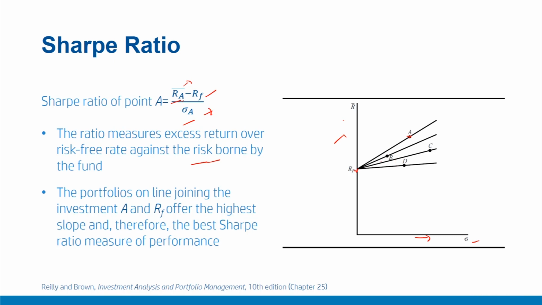For any asset, this Sharpe ratio would represent the slope of this line, the line that is joining R_F and the asset on expected return and sigma space. As we can see here, for security A, this slope is highest as compared to other securities like C, B, D, and therefore this security A here offers the highest Sharpe ratio or the highest performance if the Sharpe ratio is the appropriate measure.